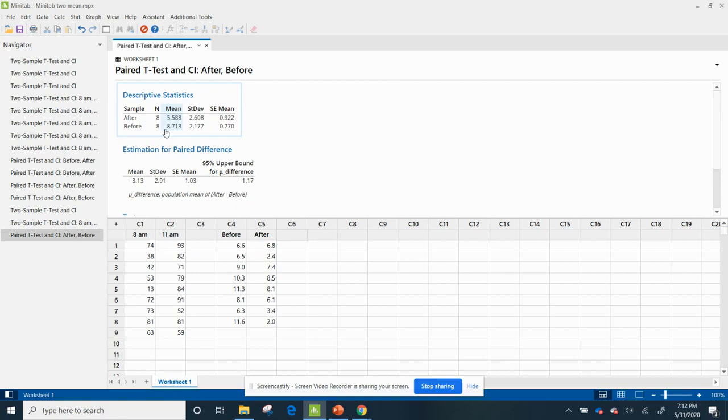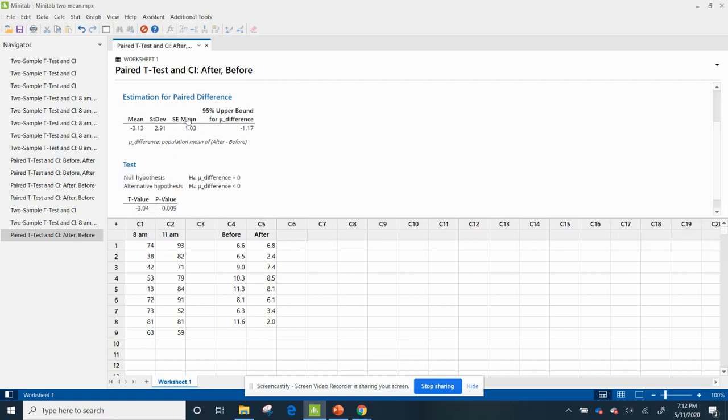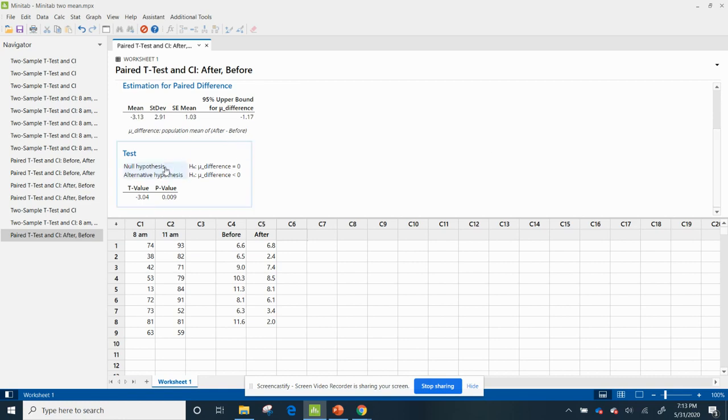So for the before, for those 8 people, the average pain level was 8.713 and the standard deviation was 2.177. Then I get the effect of the difference. The average difference was negative 3.13 with a standard deviation of 2.91. And here we go. Here's my null, here's my alternative. T-value is negative 3.04. P-value is 0.009.